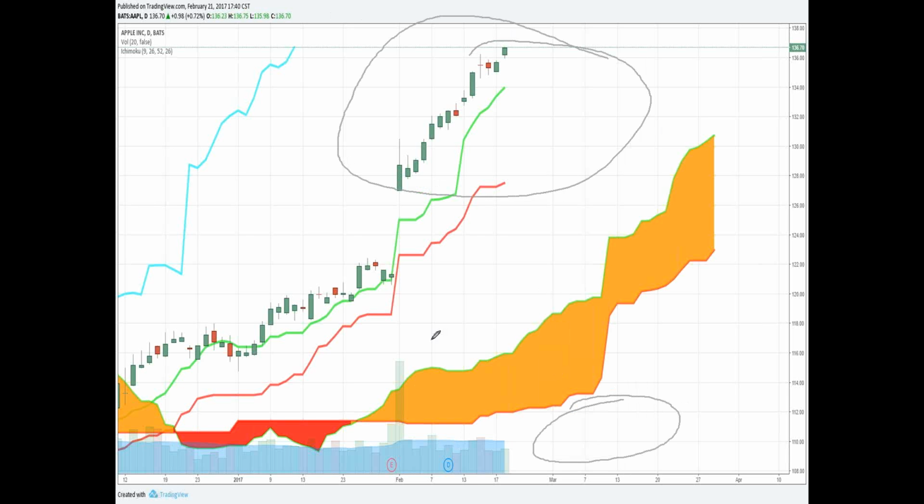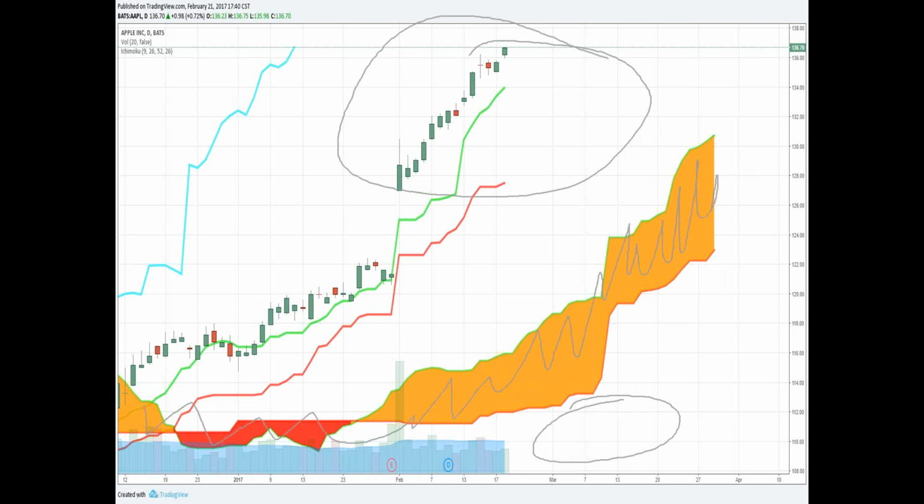Anything below it would be in bearish territory. The line in the sand between bullish and bearish territory is this shaded area that you see here, right? Pretty simple. This is where the one glance component of this study comes from. I can tell right away whether we're above or below the shaded area on the cloud and whether we're in bullish or bearish territory.